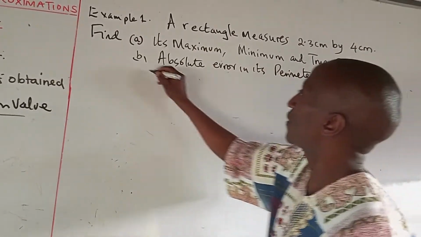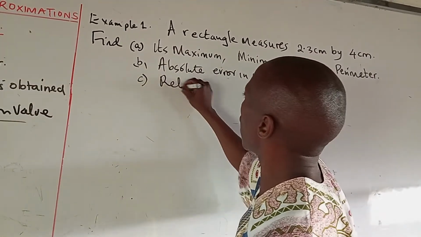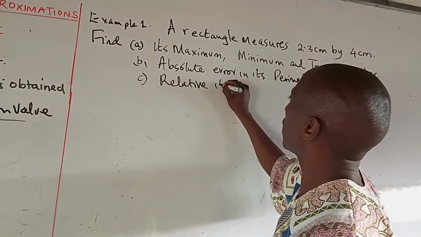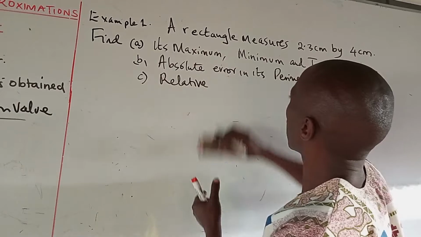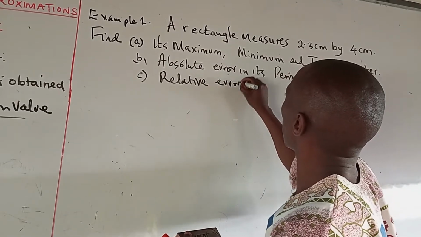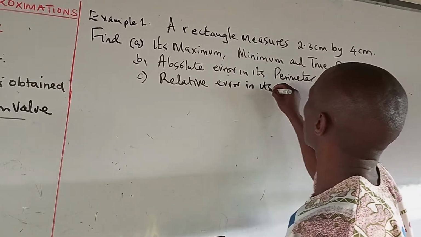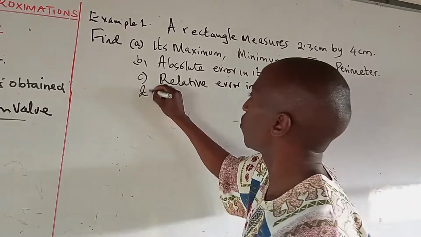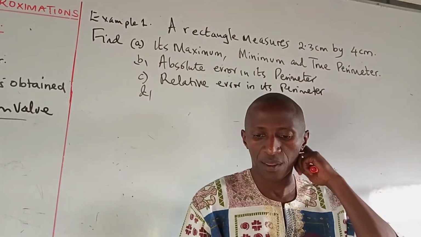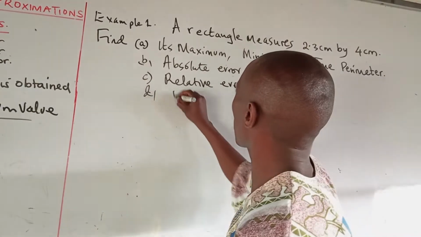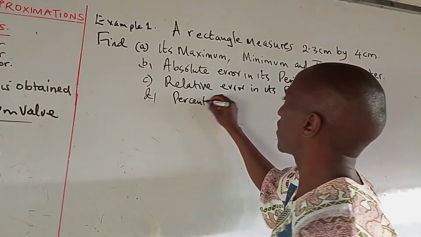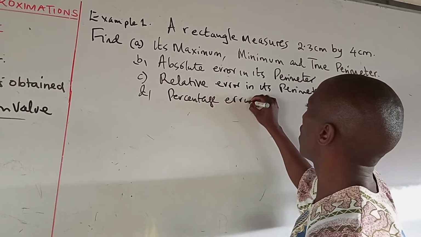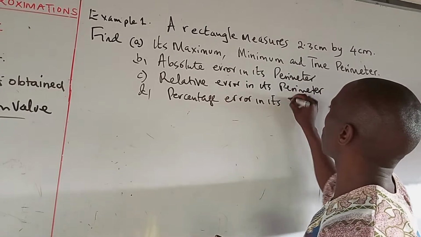And therefore, number C, the relative error in its perimeter. And lastly, we shall be able to look at the percentage error in its perimeter.